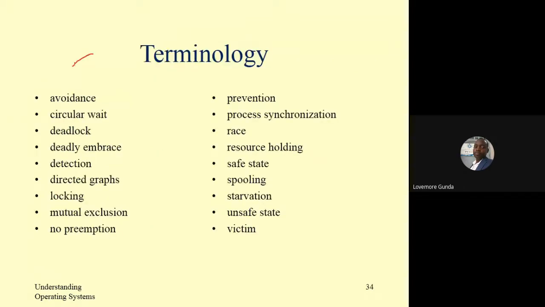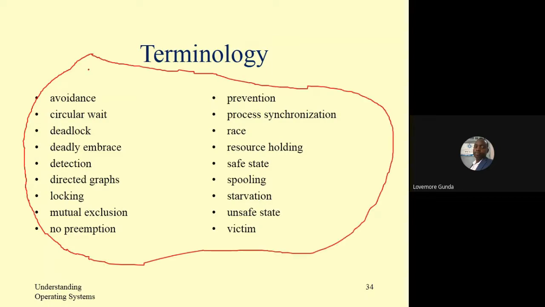So these are the terms which we have looked at. You might need to go around, look at them, and also read more about this. Avoidance, deadlock avoidance, circular wait, that's a condition for deadlock, the deadlock, deadly embrace, we are defining a deadlock, deadlock detection, directed graphs, those which we use to model deadlocks, then locking of resources, mutual exclusion, no preemption. You can see that this and that are conditions for a deadlock to happen.